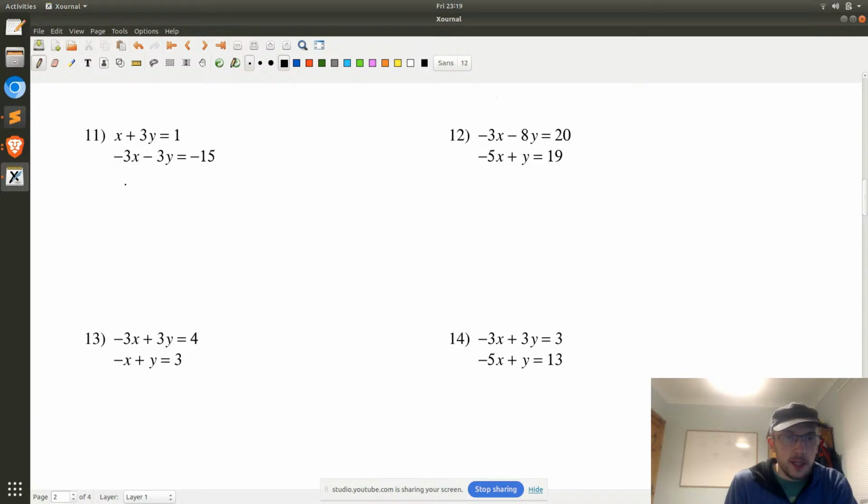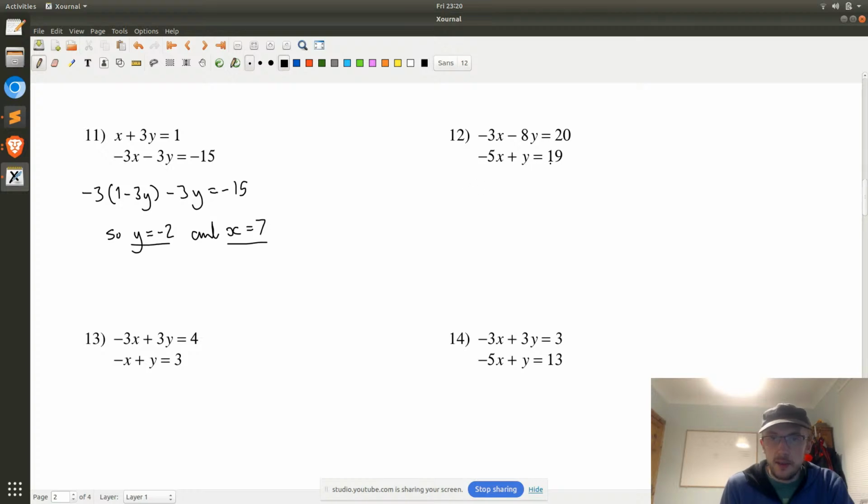X is 1 take 3y. So 6y take 6y is -12. Okay, so y is -2. And consequently, x must be 7.